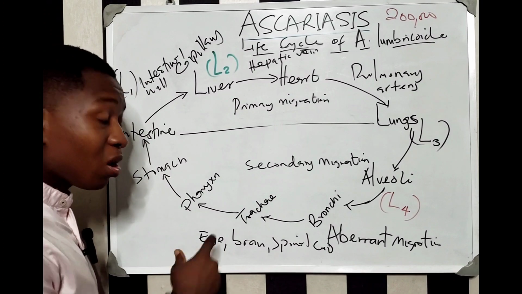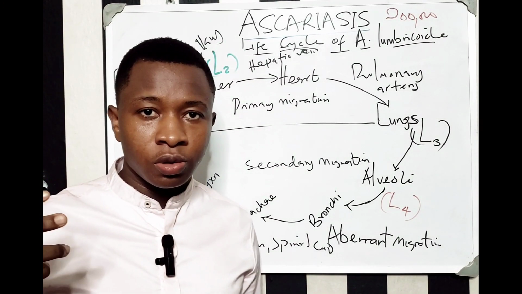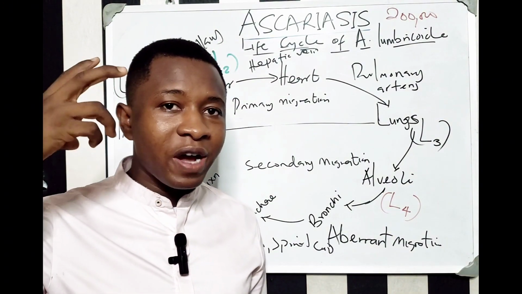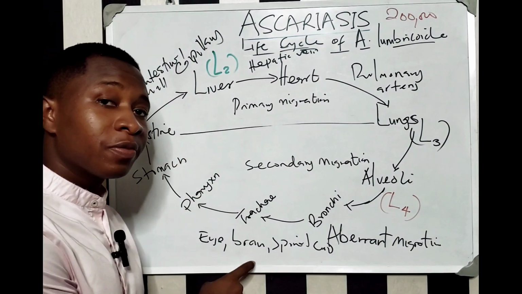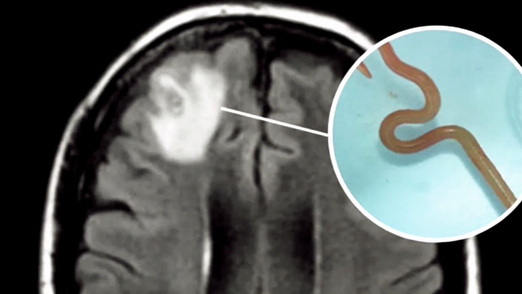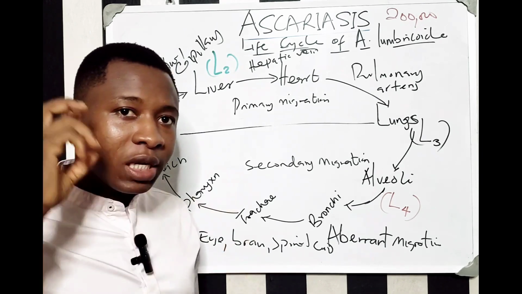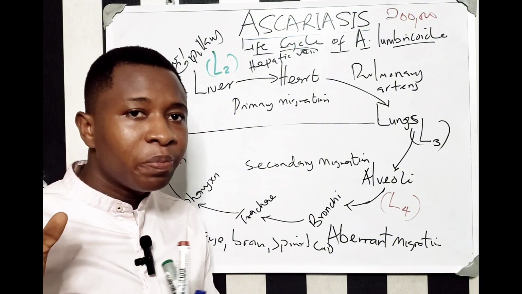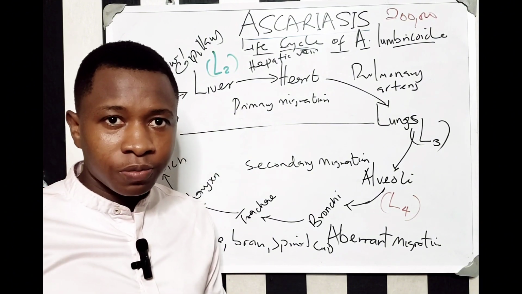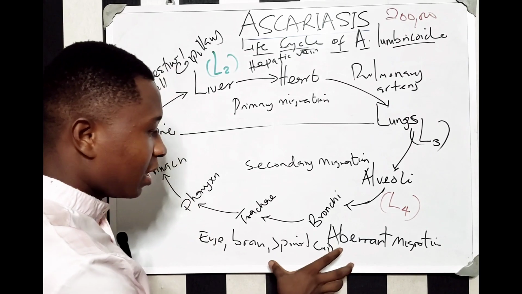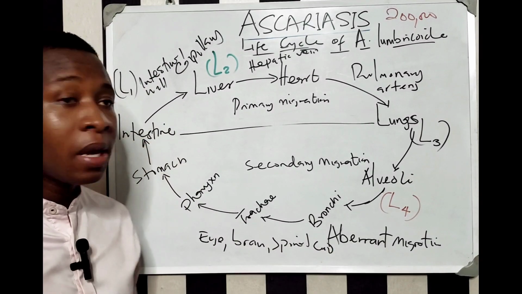Now, when it gets to these organs, it forms calcified structures, especially in the brain. So when it gets to the brain, it gets to its endpoint and it calcifies there. And as a result of that calcification, some of the brain cells are destroyed. Okay, so that is what happens in the aberrant migration.